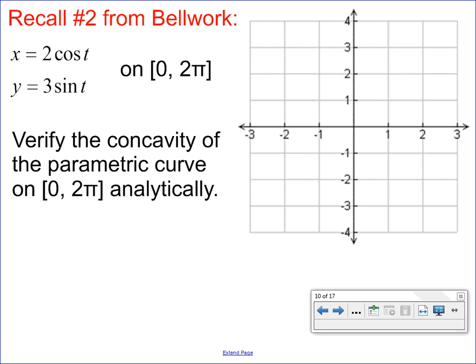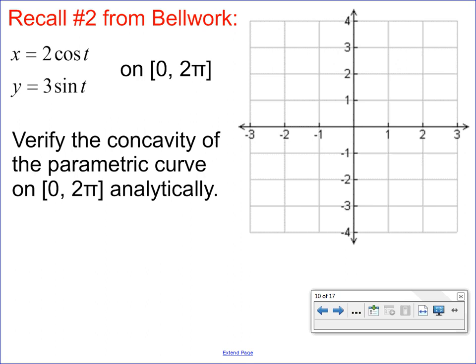Verify the concavity of the parametric curve on 0 to 2 pi analytically. Concavity deals with which derivative? Right? Concavity deals with which derivative? Courtney? The second derivative. So our analysis here is not going to be d2y dt squared.